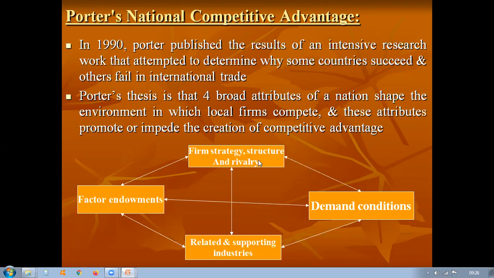PCs, personal computers, gave competitive advantage to America. In the same way, in automobile manufacturing and electronic goods, the Japanese have competitive advantage. So these are the different factors that determine the competitive advantage for the organization or for the country. These are the four important elements in Porter's national competitive advantage.